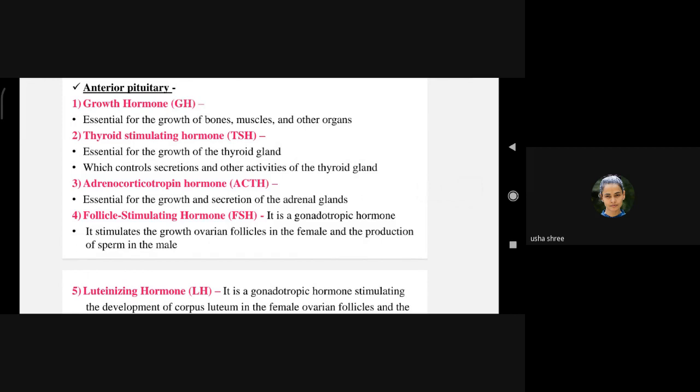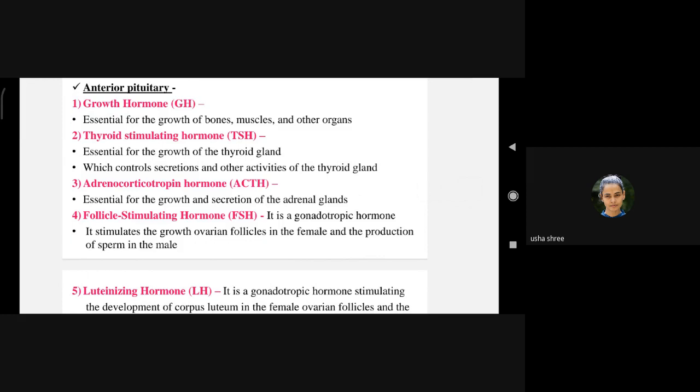Growth hormones are produced by pituitary due to the somatotropin cells. Means all these hormones in pituitary are produced by different cells. Growth hormones are produced by somatotropin cells. Thyroid stimulating hormones are produced by different cells. Adrenocorticotropic hormones are produced by different cells. So all these cells are different and producing different hormones.